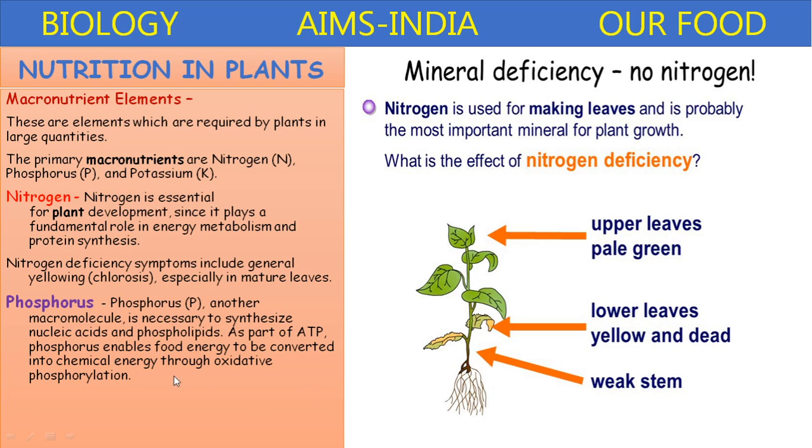So phosphorus plays a very important role in oxidative phosphorylation, forming energy. This energy is used for different metabolic activities in the plants. Phosphorus deficiency seriously inhibits protein synthesis, and sugar accumulates in vegetative parts like stem, roots, etc.